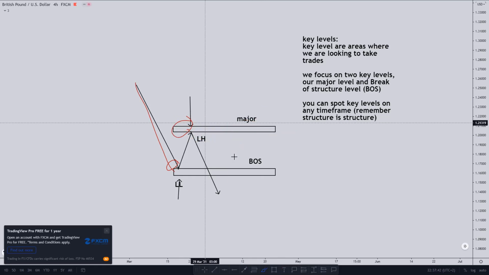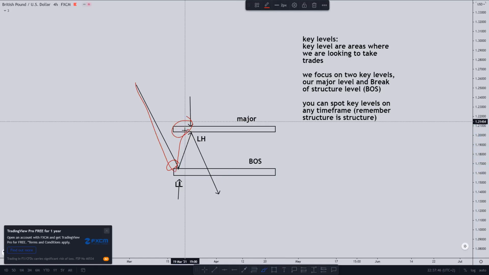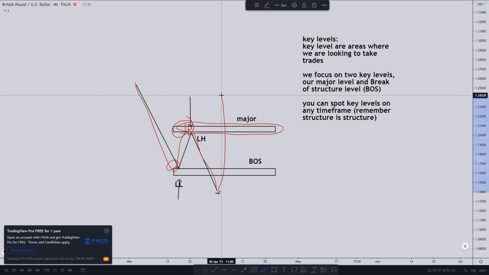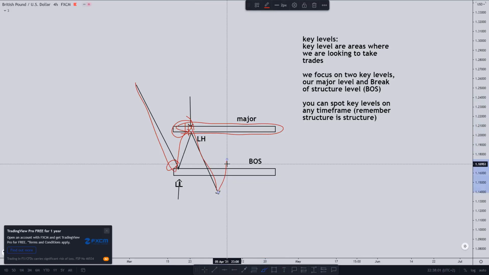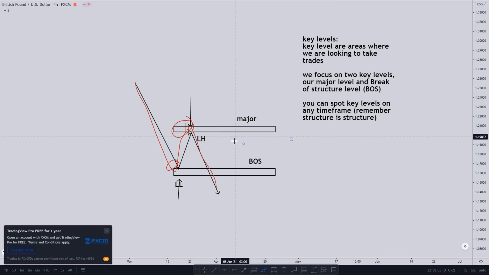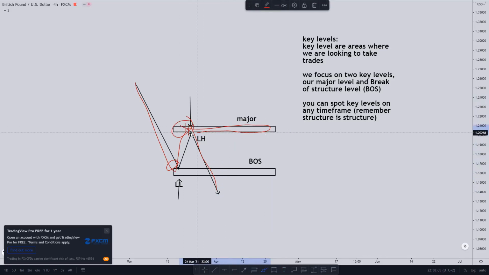So let's quickly do this. Now when price gives us a lower high, it rejects and then pushes down. Now this becomes a major level for us. This remains a major level until price breaks it, or until price creates a new lower high. Then price pushes down and breaks this lower low, right?